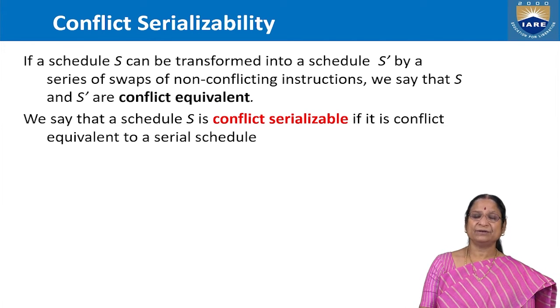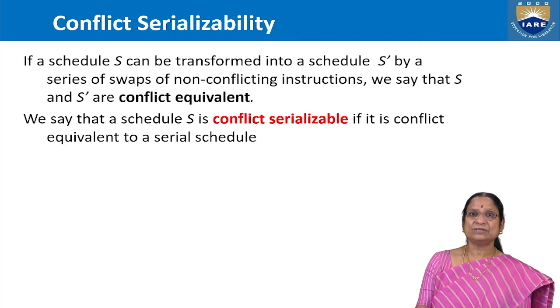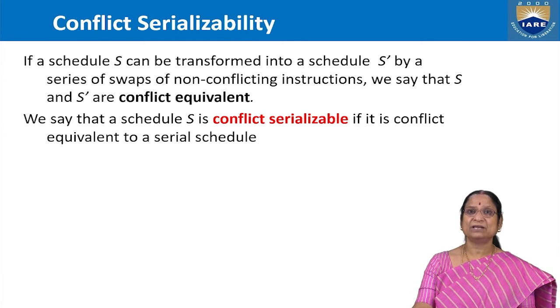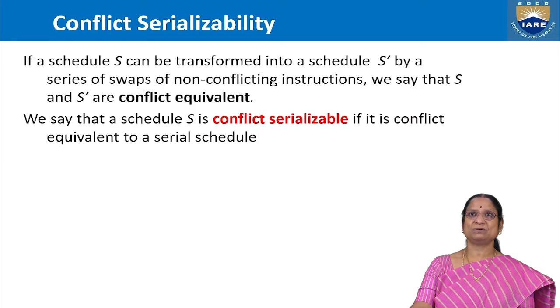We discussed all these things already in transaction processing; it may result in a serial schedule. So conflict equivalent means if S can be transformed into a serial schedule S dash by a series of swapping of non-conflict instructions, we call S and S dash conflict equivalent. Then S is known as conflict serializable.